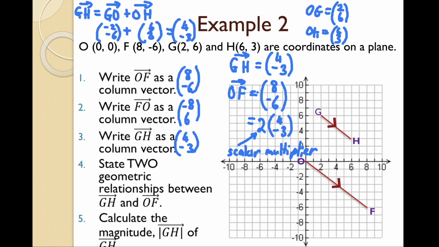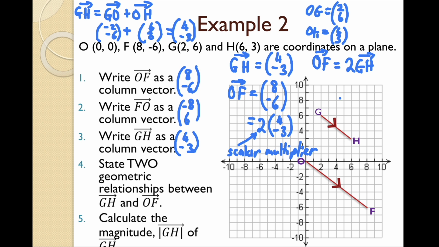So in that case, I would write the scalar multiplier as 2, okay? So then I could say OF is equal to 2 times GH. So what I'm saying is OF is twice the size of GH. Does that make sense? Right.